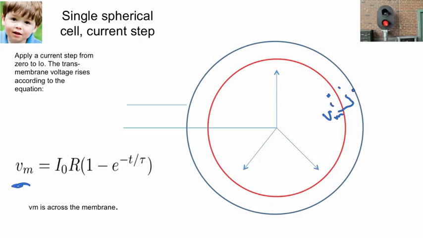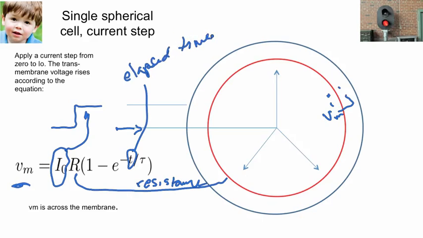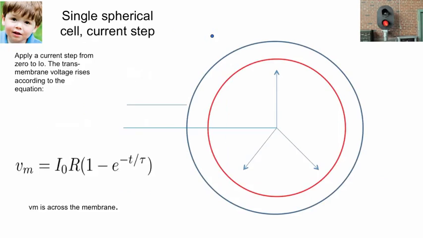That voltage is equal to the stimulus current, I0, that's the amount of current that's being injected here, times the membrane resistance, or the resistance of this membrane, t is the elapsed time, and then this quantity tau, which is equal to the membrane resistance times the membrane capacitance.